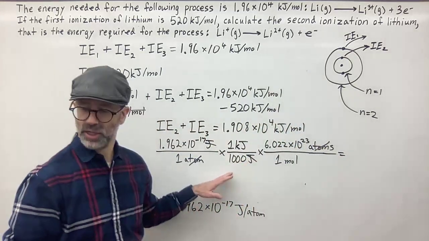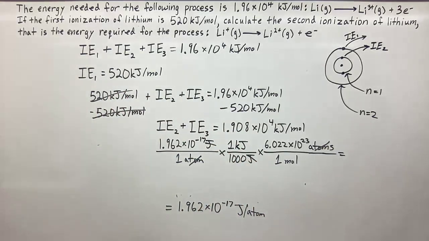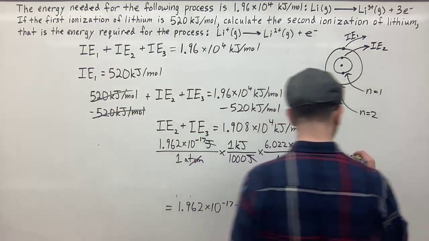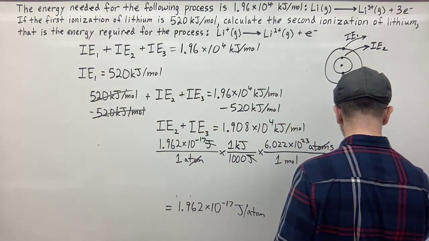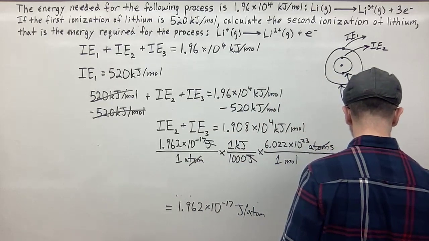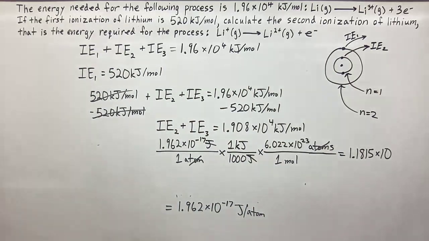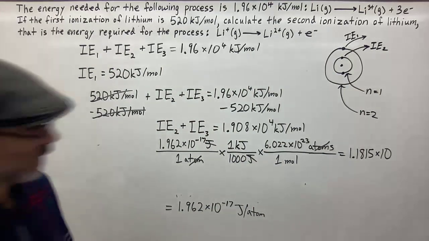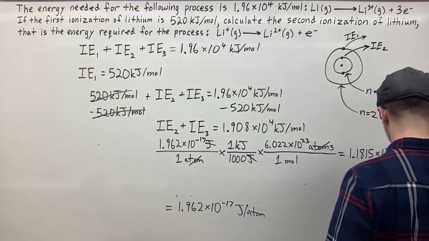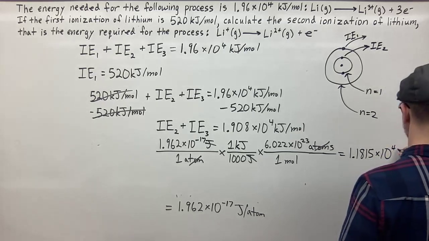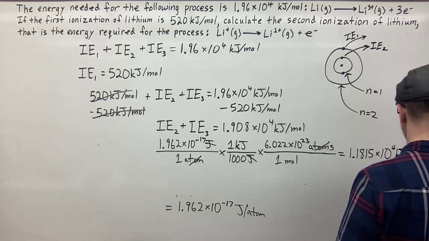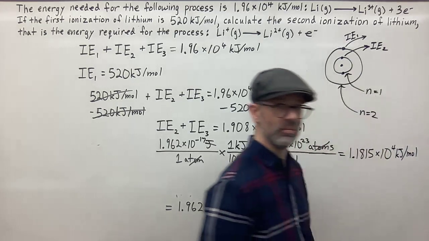And when I do this, I get 1.1815 times 10 to the 4th, I believe. Yes, 4th. And that's kilojoules per mole.